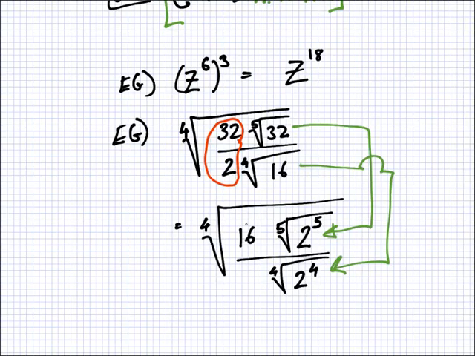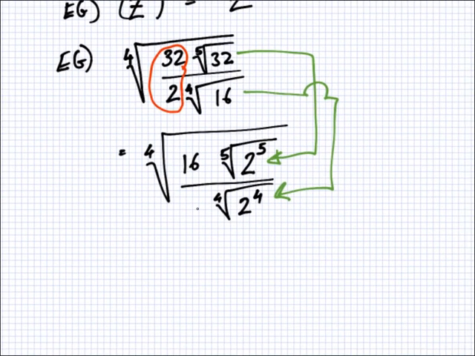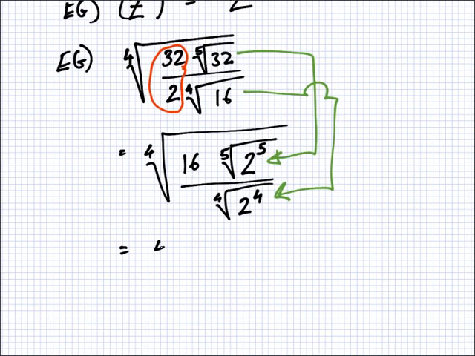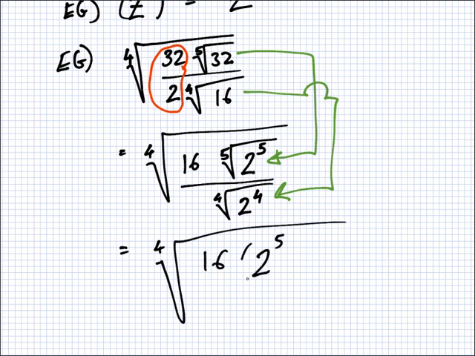Now, next, I think it's obvious, but if not, we'll use which rule? The 5th rule or something. So you can change this into 2 power 5 power a 5th. And then here, this is 2 power 4 power 1 over 4. And what happens to these powers? Yeah, because they multiply. So 5 times a 5th is 1, and you're left with 2 power 1, which is 2.